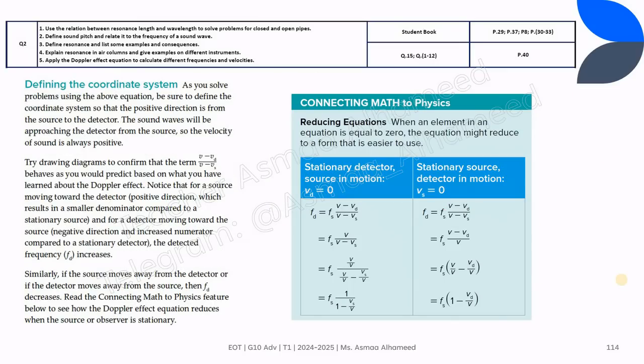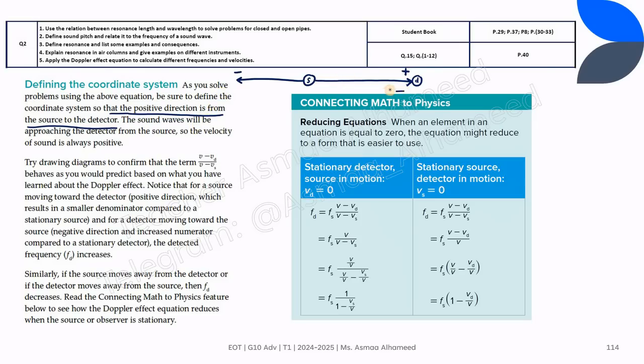Now we go to the coordinate system. Take it as a rule: the positive direction is from the source to the detector. Let's say this is the car, this is the source, and this is the detector, this is you. Now where is positive? From the source to the detector, this is the positive direction. If you are moving away, then this is the negative direction. Why do I need this? For the velocities.